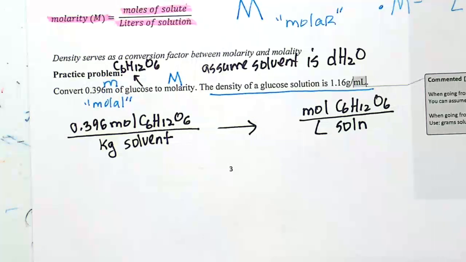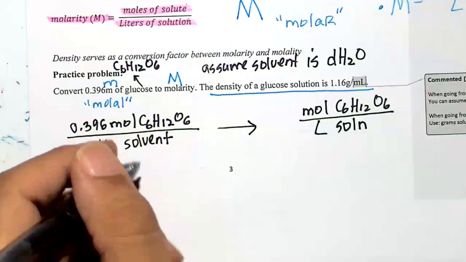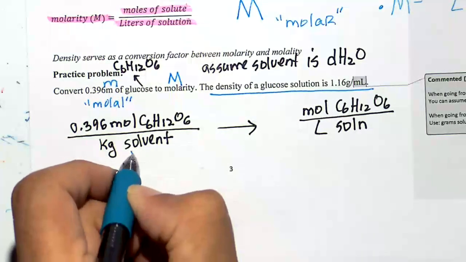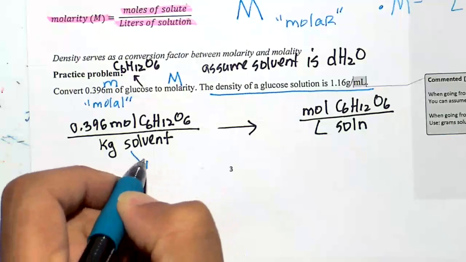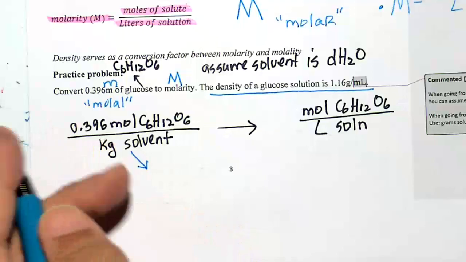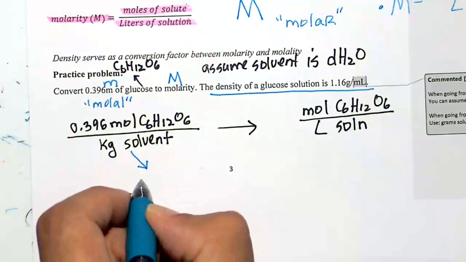All right, so here's how I'll do it. You may have a different way, but here's how I'll show you. One kilogram of solvent is equal to 1,000 grams, and the solvent is water.